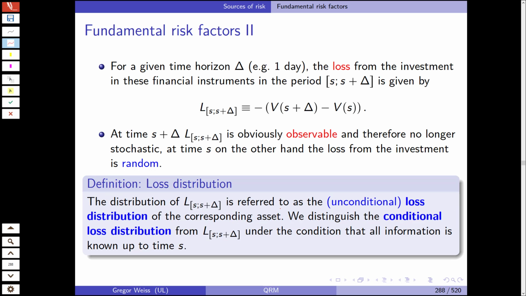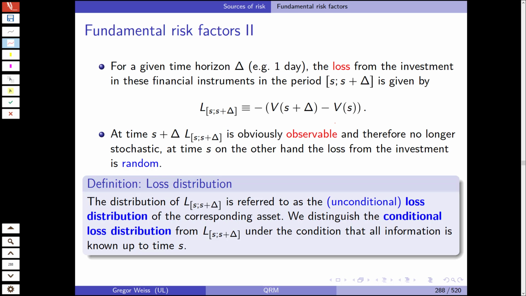Okay. Now let's turn to risk factors. We assume we are given a certain time horizon, delta, for example, 1 day, and the loss from the investment in these financial instruments in the period between s and s plus delta is equal to minus the future value minus the present value.